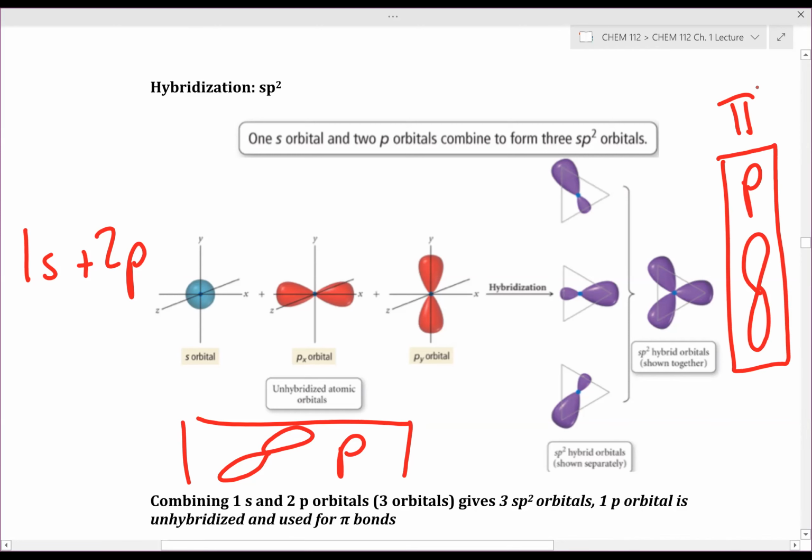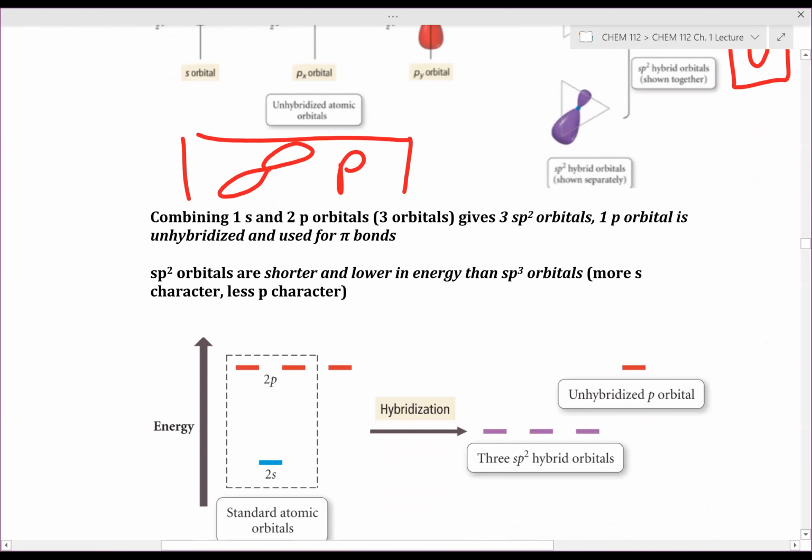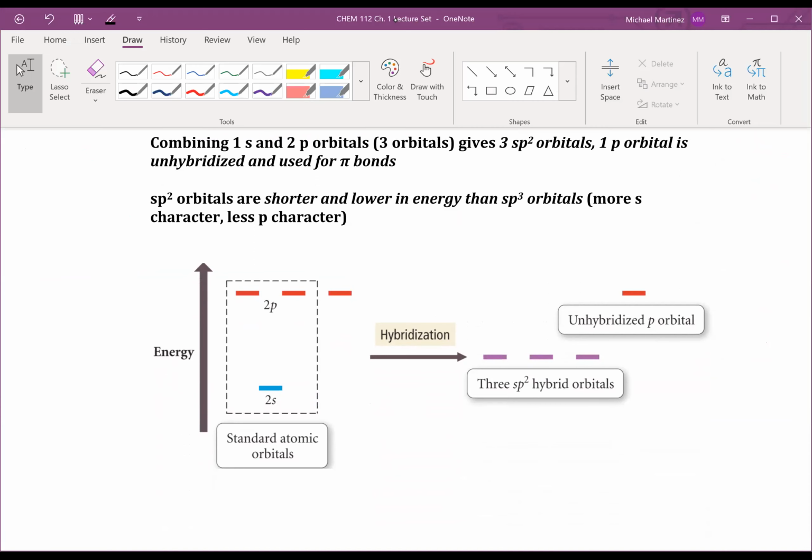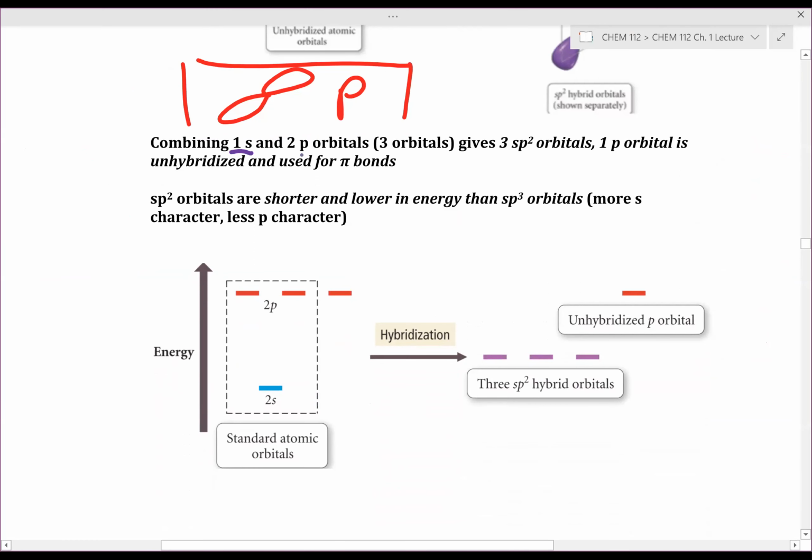So when we start to get into the sp2 hybridization, we can start to form double bonds and get more complex bonding arrangements. Okay, so just in summary, we are combining an s orbital and 2 p orbitals. 3 orbitals in, we get 3 hybrid orbitals out.